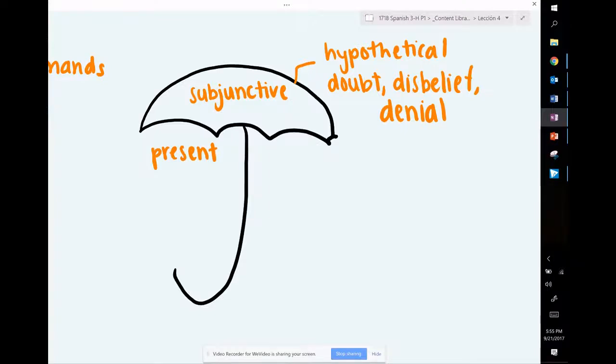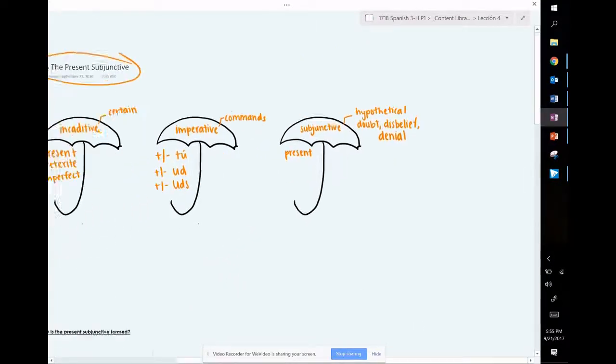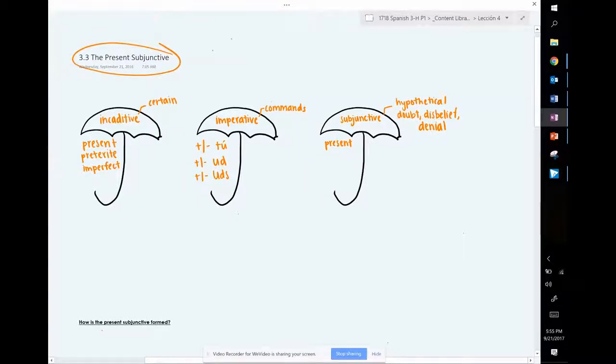So again, there are 3 moods in Spanish: the indicative, the imperative, and the subjunctive. The subjunctive is used to express hypothetical situations or things that the speaker finds to be doubtful, they're in denial about, they don't believe. So that takes care of our first question of what is the subjunctive.